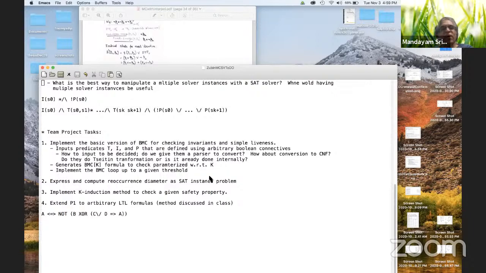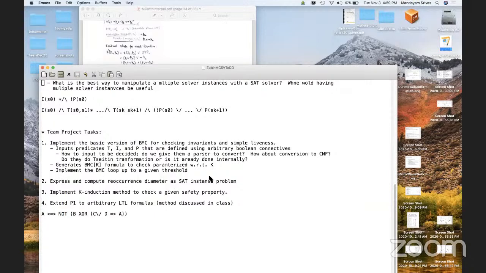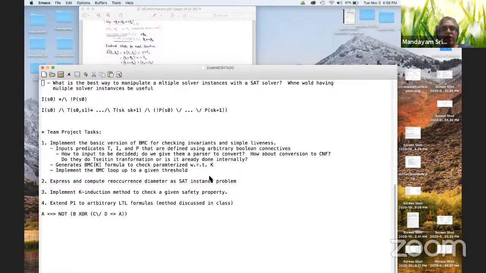Can you test it on NuSMV and see what it does for nested CTL operators? What kind of counterexample does it give? Does it give a path counterexample all the way down? Does it even make sense? That's something that I'll have to think about. It's a good question. This discussion is turning out to be illuminating. Yes, I'm glad we did it.